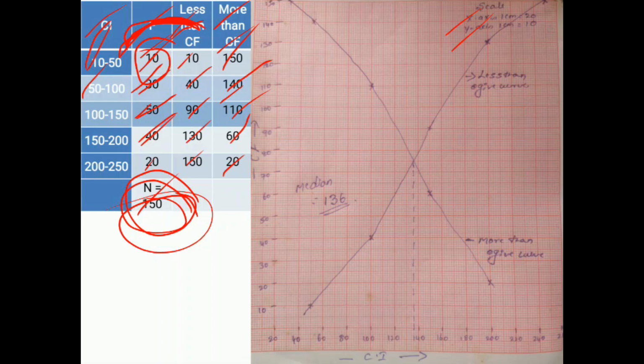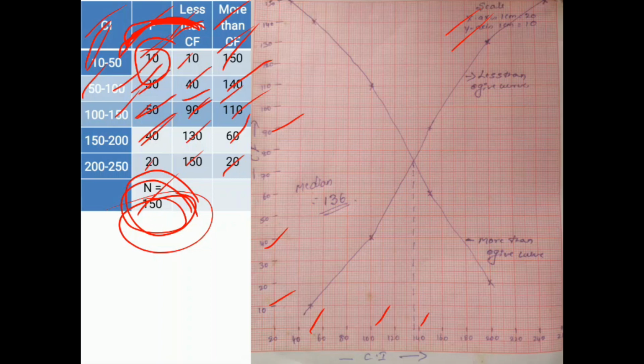The first point marked is 50. For 50 it is 10. 50 in the x-axis and 10 in the y-axis. 100 in the x-axis and 40 for the second one, 100 and 40. 150 in the x-axis, 90 in the y-axis. 150 and 90.